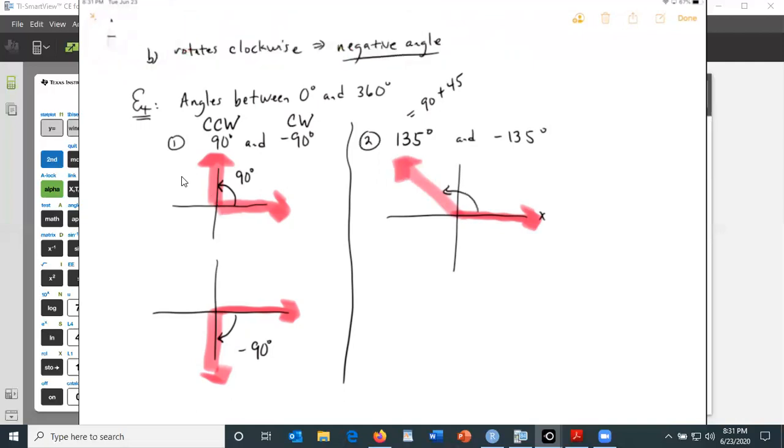Rotate it counterclockwise, so that would be 135 degrees. We have a 90-degree angle in there, and 45 is half of a 90-degree angle, so I go about halfway into the other quadrant. And that's about 135.